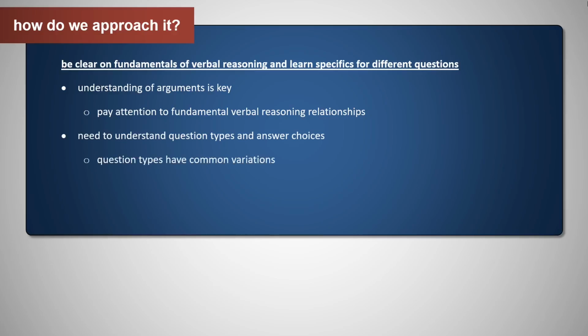The question types have common variations, and the answer choices have specific elements which make them correct or incorrect. So basically, you've got to understand the fundamentals of verbal reasoning in general, and then go in depth into the questions with their different variations, and in terms of answer choices, understand what makes a choice correct and what makes a choice incorrect.